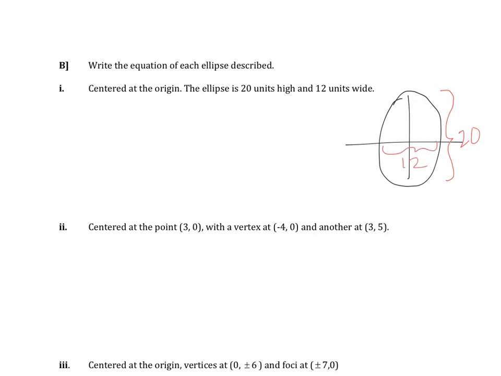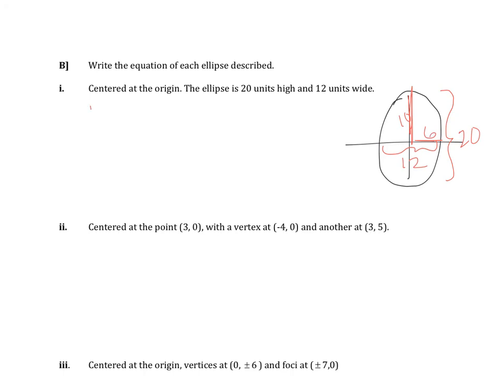So we can see that my a squared is going to be below the y, and the b squared is going to be below the x. So we're really looking at a and b. Here a is 10 and b is 6.